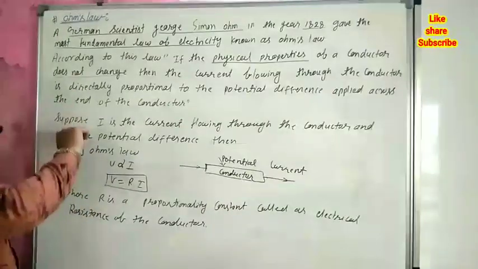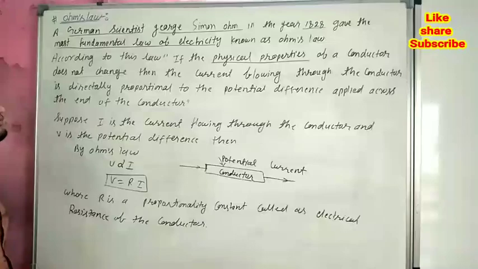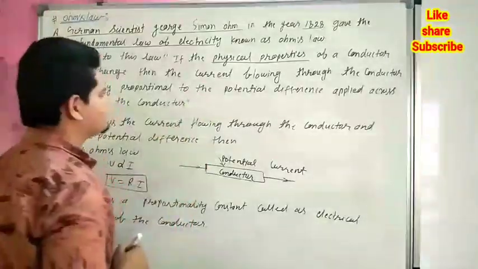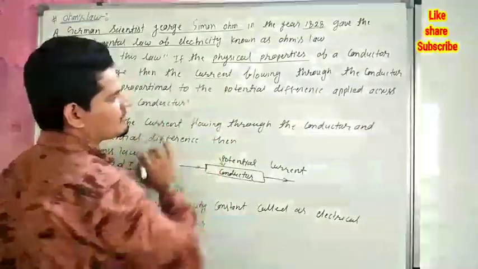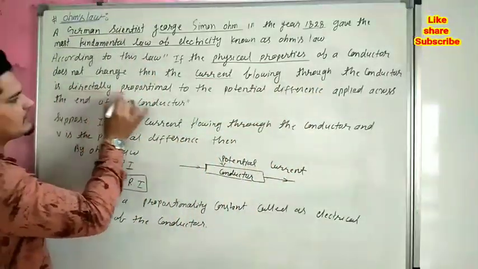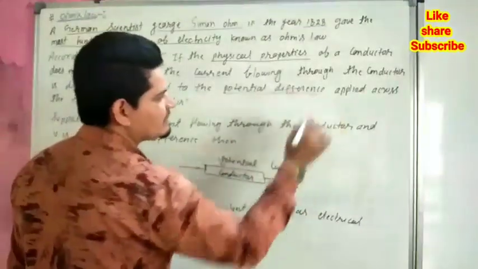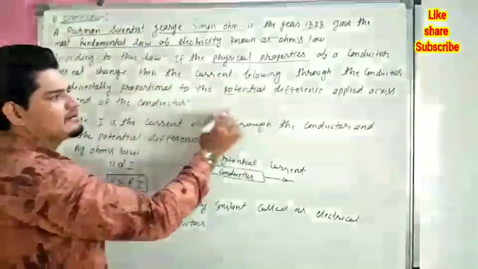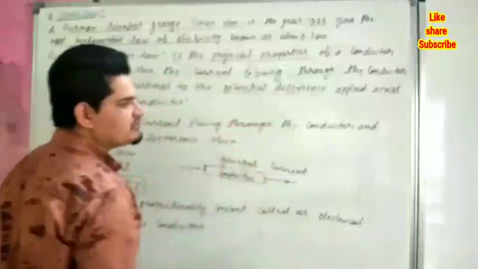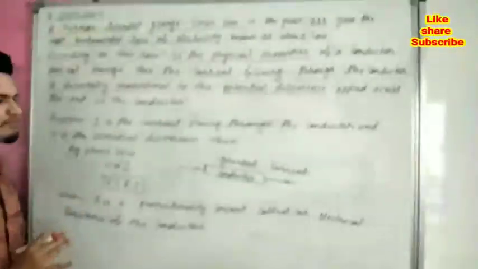So if the physical properties of the conductor do not change, then the current flowing through the conductor is directly proportional to the potential difference applied across the ends of the conductor.